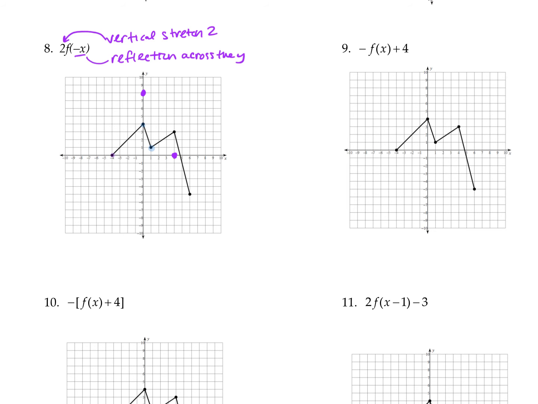This point here has an x value of 1, so it'll be reflected over the y-axis, but then multiplied by 2, so it'll end up right here. This point here is at 4, so reflected will go to -4, and then multiply it by 2, so it'll go to 6.